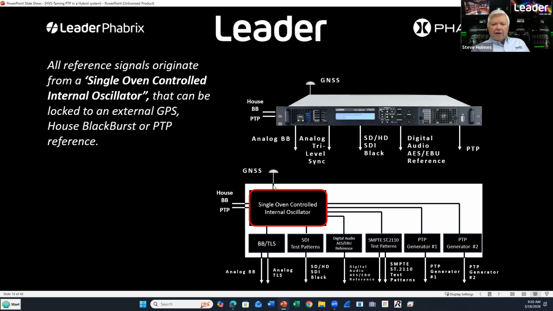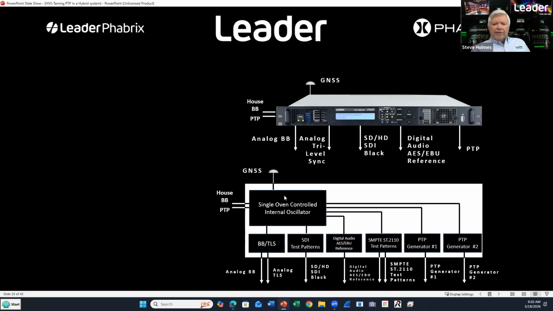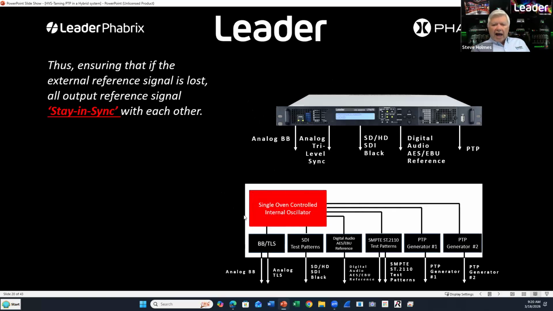That way, if you were to lose GPS, everything still locks to that internal oven controlled system. And we have what we call a stay in sync system. Since everybody's locked on that one oscillator, yes, it will very, very slowly drift from what the GPS is.